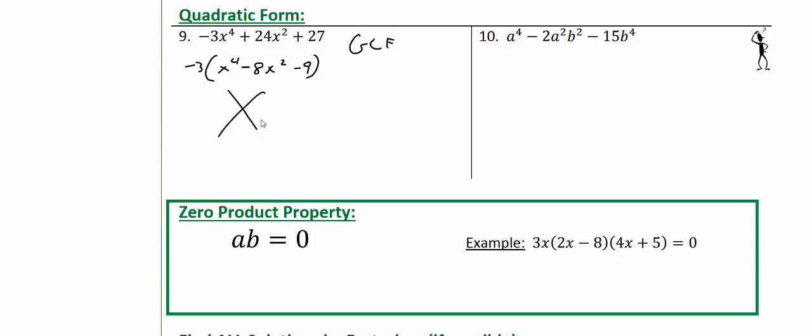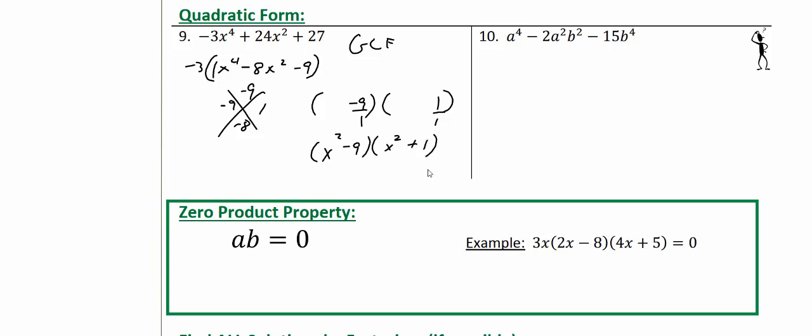Remember, I'm going to make my x. That's my second one. Negative 9 and positive 1. So I make my parentheses, put a negative 9 and a positive 1. I divide by 1 because that's what the a value is. So this is really going to be x squared minus 9, x squared plus 1.